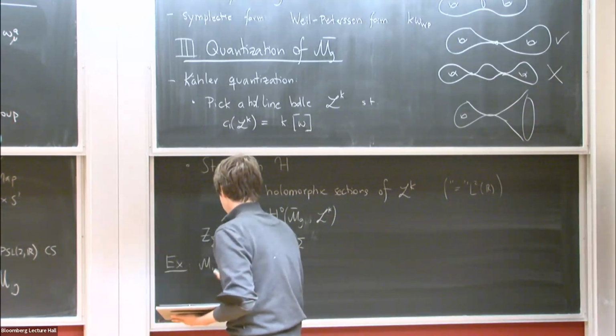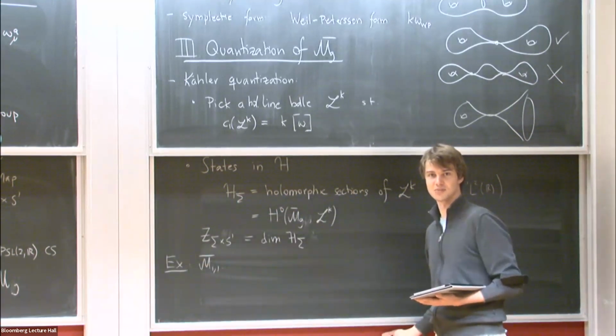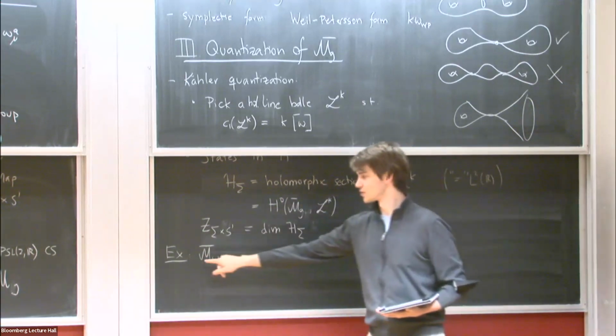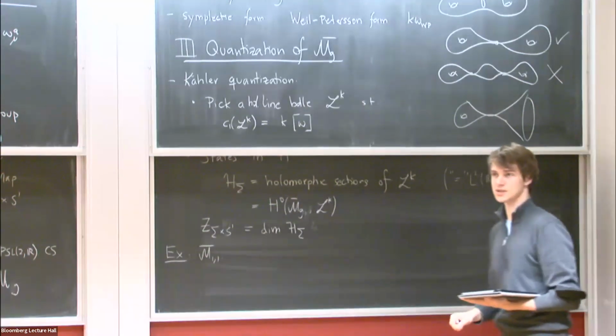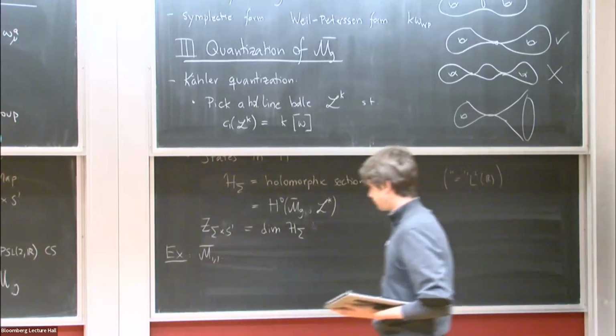The example I want to make is M11. Strictly speaking, this has a puncture, but this is a case that is very familiar to everyone. So let's try to quantize M11, which is just the upper half plane modded out by SL2Z.